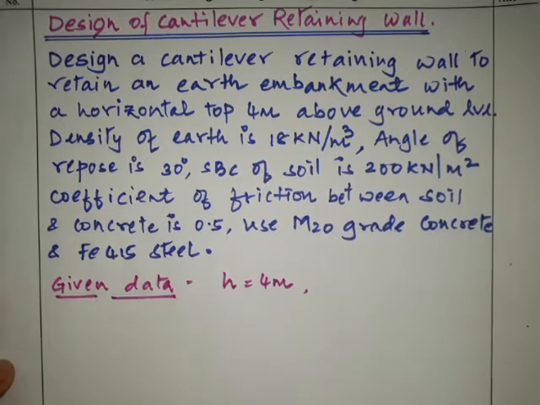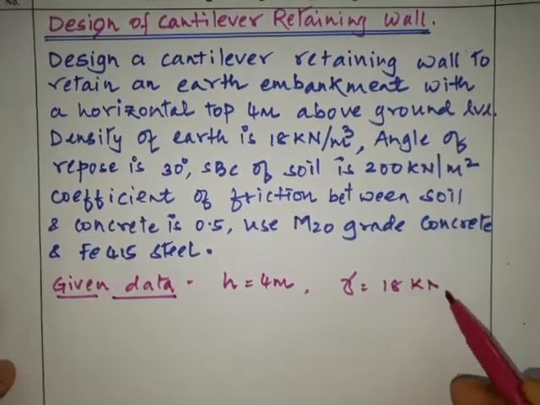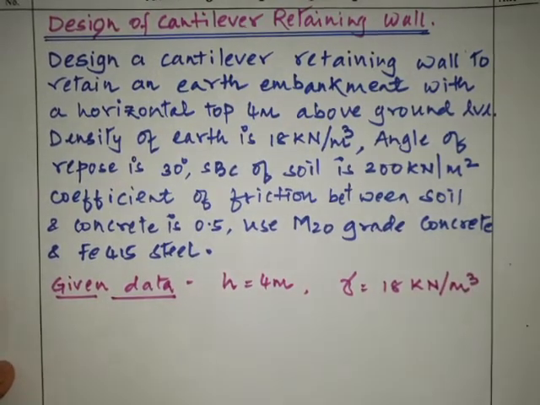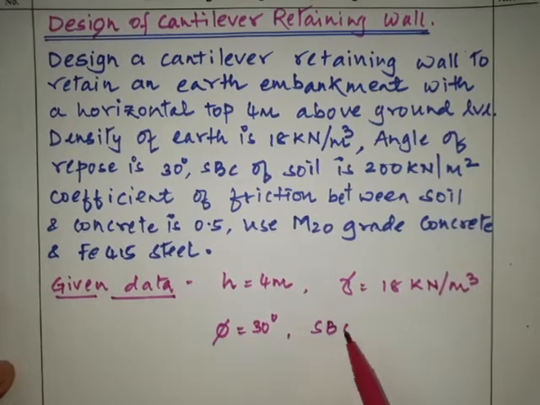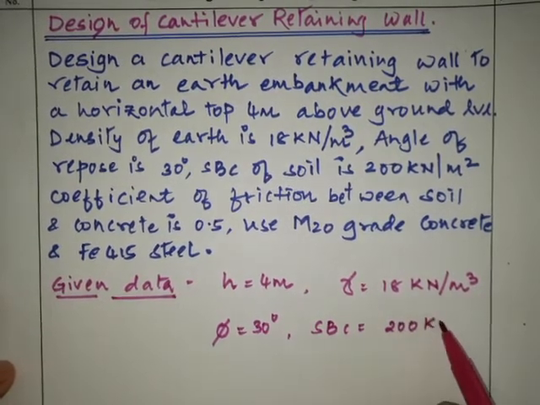Then the density of earth is 18 kilonewton per meter cube. Then the angle of repose phi is given as 30 degree. Then SBC is given as 200 kilonewton per meter square.